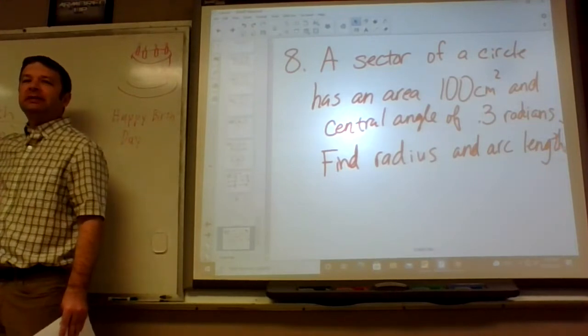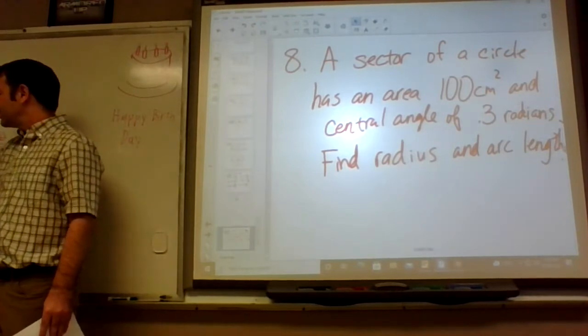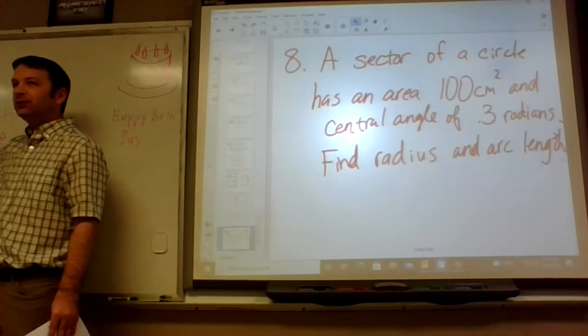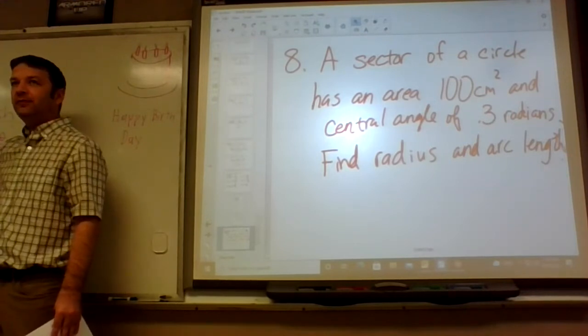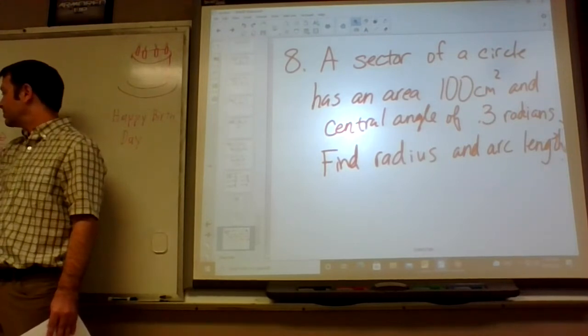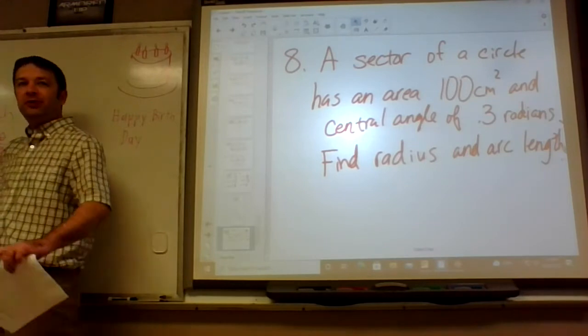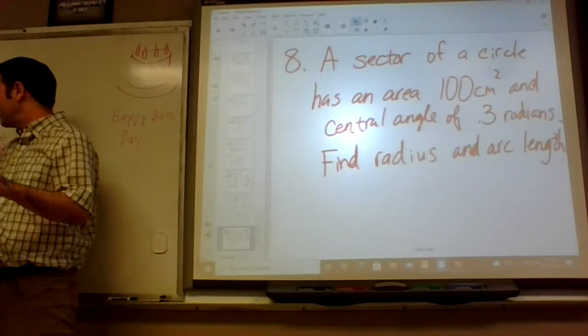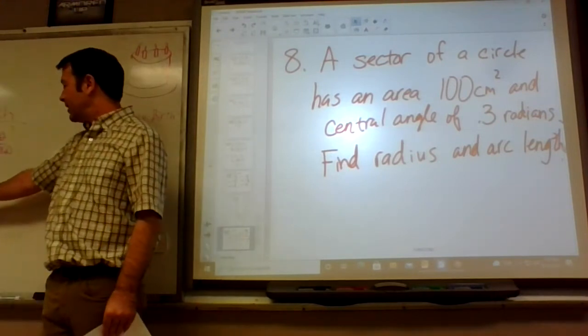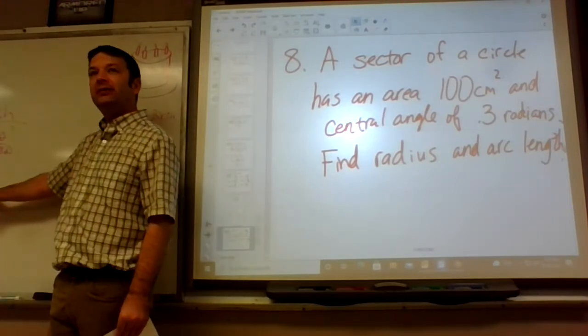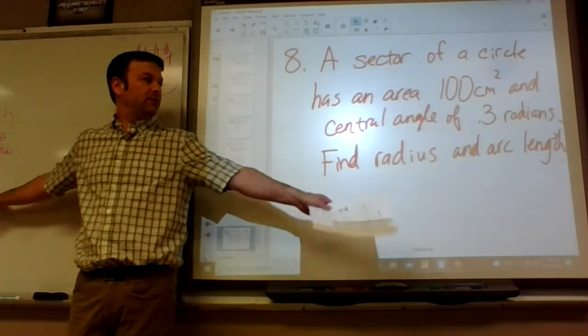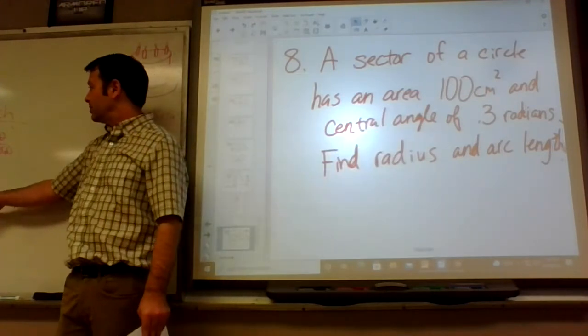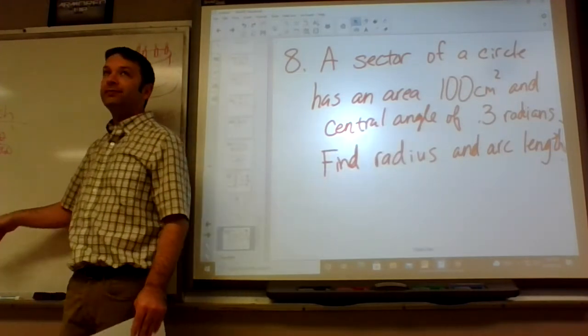So, guys, listen. They gave us 0.3 radians, so we're using the radians form of the sector area. Set that equal to the sector area, 100. Solve for r, that will be our first answer. Then once we have the radius r, and we still have the angle, 0.3, that'll give us the arc length.